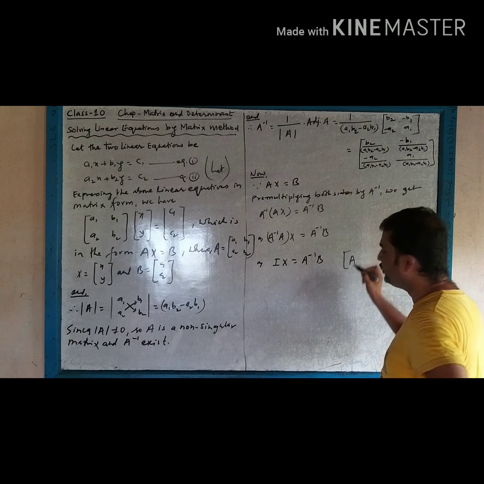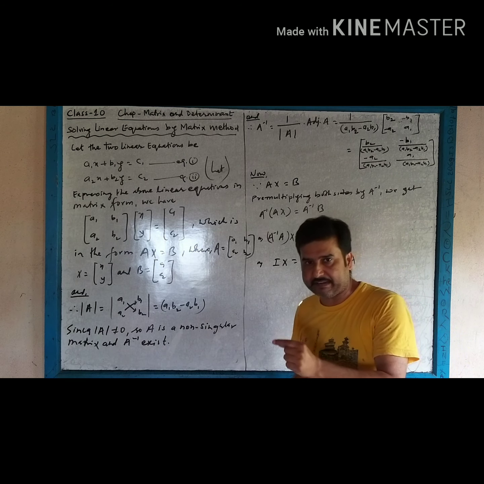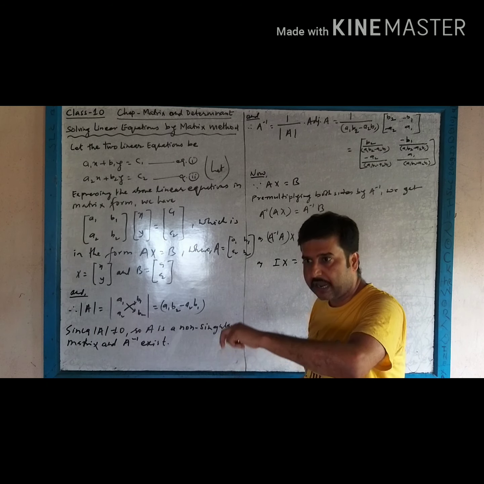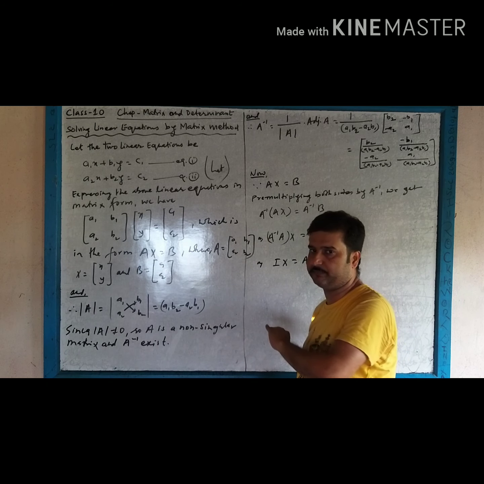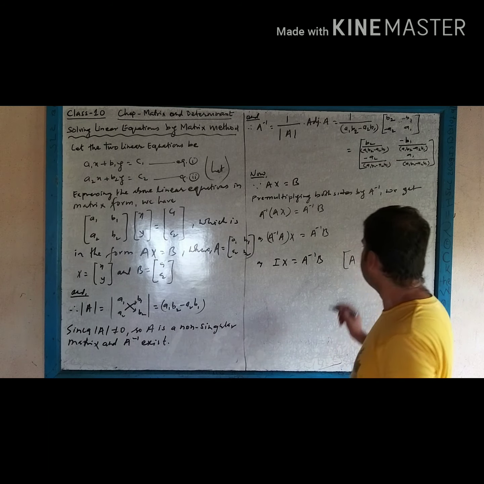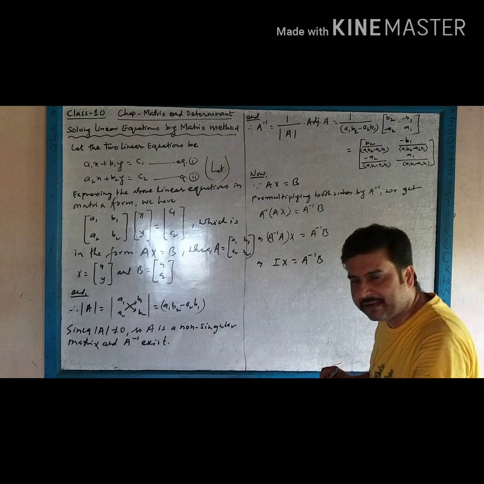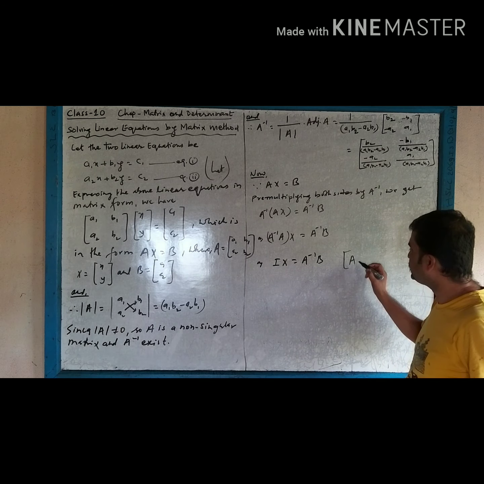This is also a property of matrix multiplication: if you multiply any matrix by its inverse, either post-multiply or pre-multiply, the result is an identity matrix of the same order.